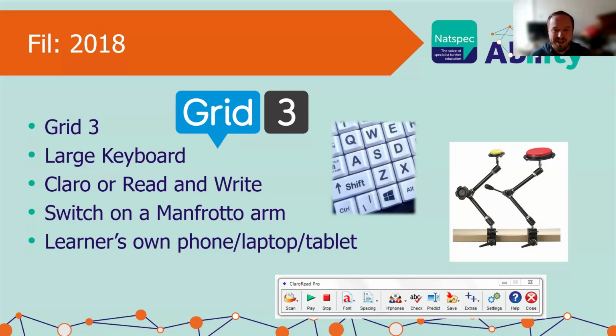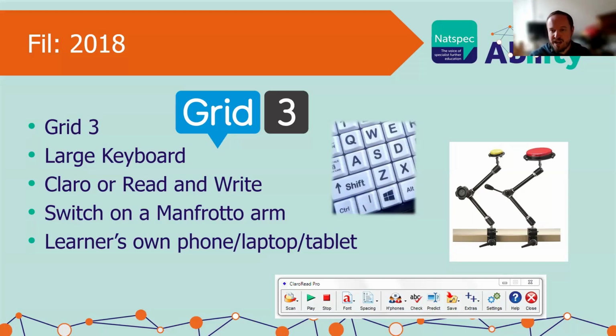Large keyboards, also useful, with clearer text, larger targets to hit, and often a more clear interface on the keyboard. Also recommending Claro, who have now merged with Read and Write, and that was a toolbar, but we've got a more modern recommendation for that. So Phil has added that in on, I believe, the next slide. Switch on a Manfrotto arm, which is the furthest to the right there.